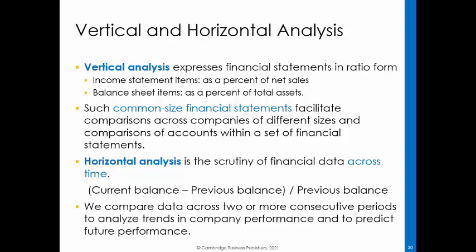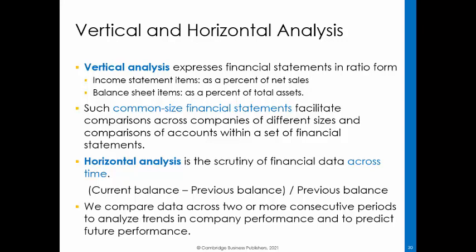Companies come in all sizes, which presents difficulties when making comparisons among firms or between a firm and an industry benchmark or over time. There are several methods to attempt to overcome this obstacle. Vertical analysis expresses financial statements in ratio form. Specifically, we express income statement items as a percent of net sales and balance sheet items as a percent of total assets.